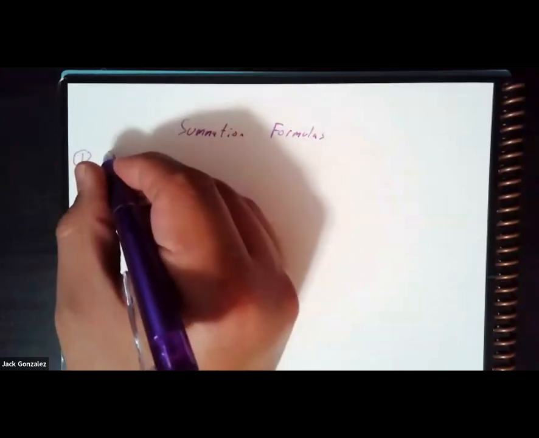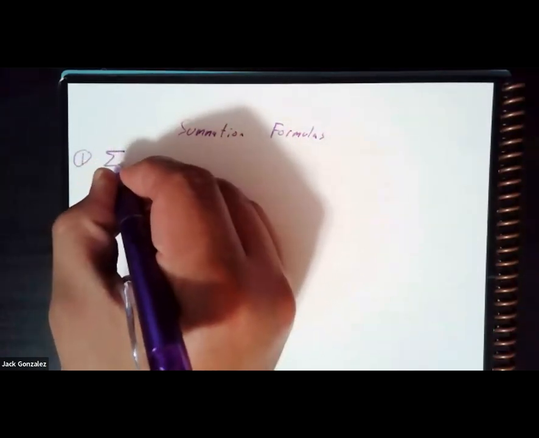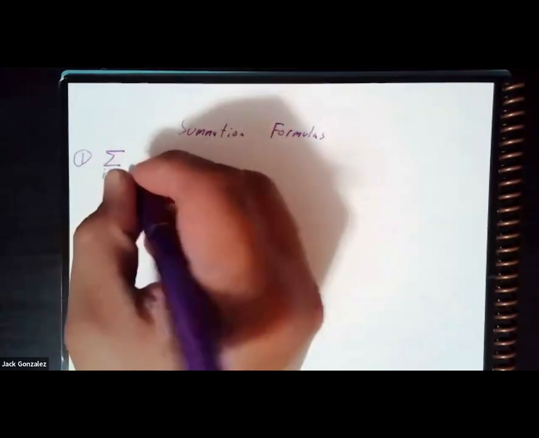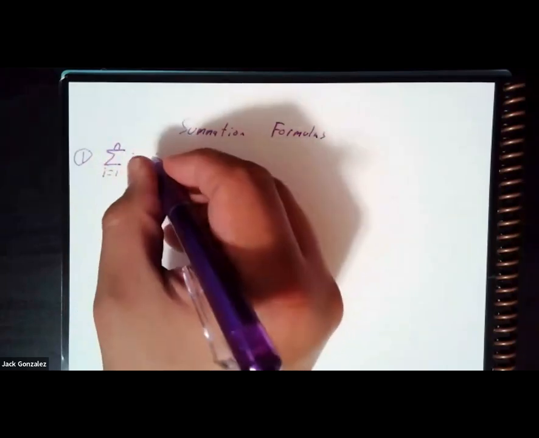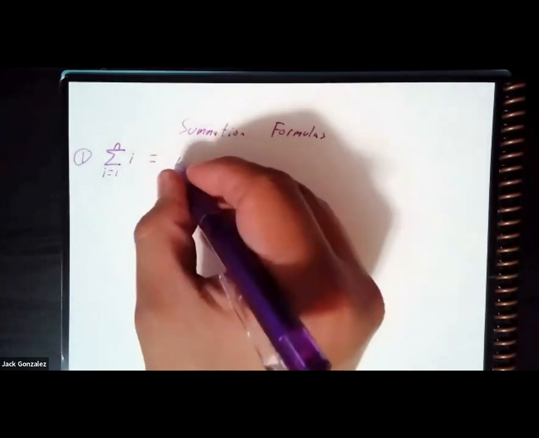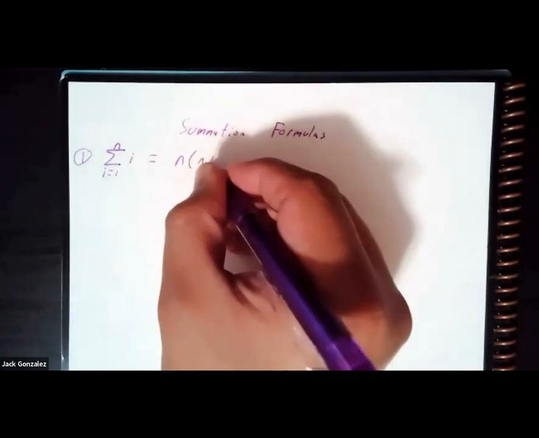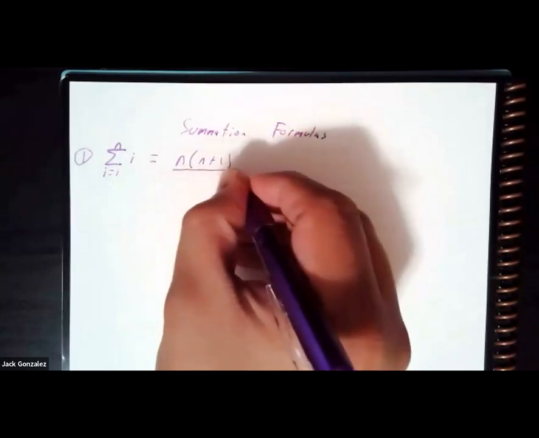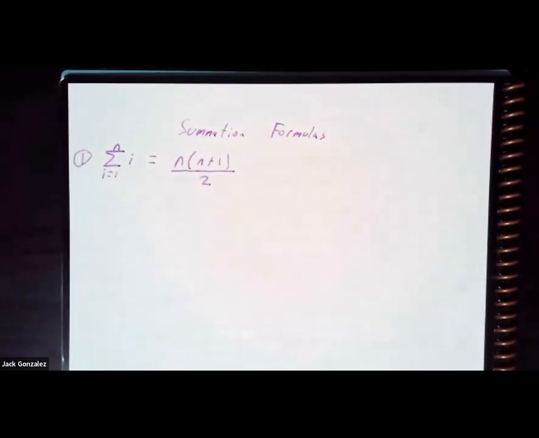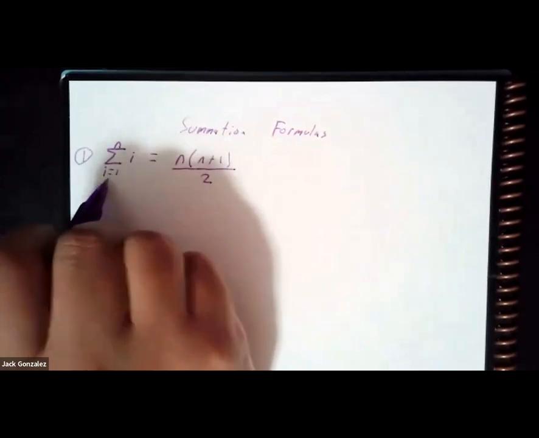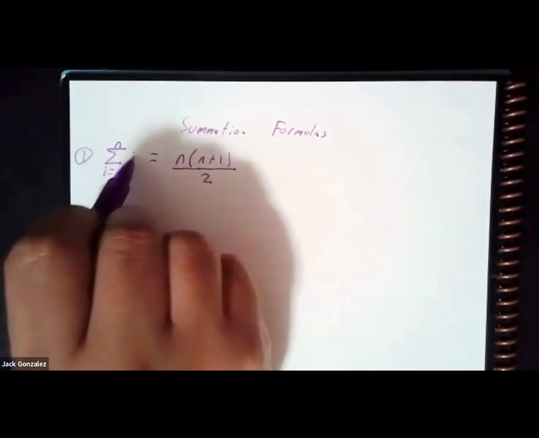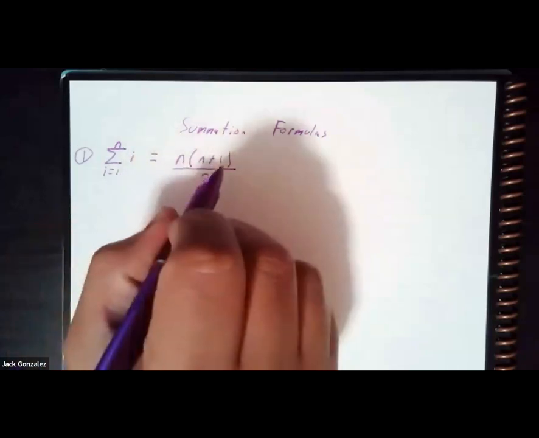Number 1. All right, so if you're summing i from 1 to n, and it's just a single i, it is going to turn into this, whatever n is.